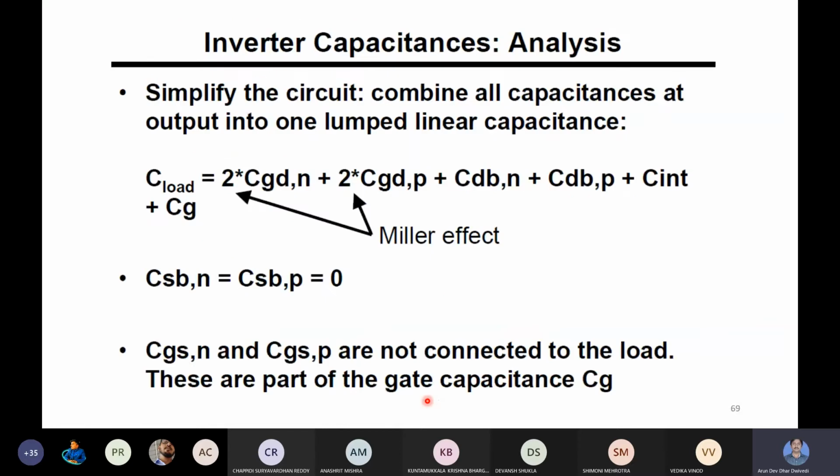In the actual equation, if we consider a load capacitor C load in the circuit, it includes 2 times CGDN, 2 times CGDP, CDBN, CDBP, C interconnect and C gate, all together. CSBN and CSBP are not connected to the output port, therefore taken as 0, and CGSN and CGSP are also not connected.